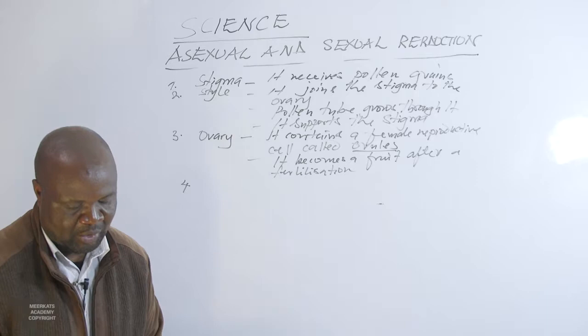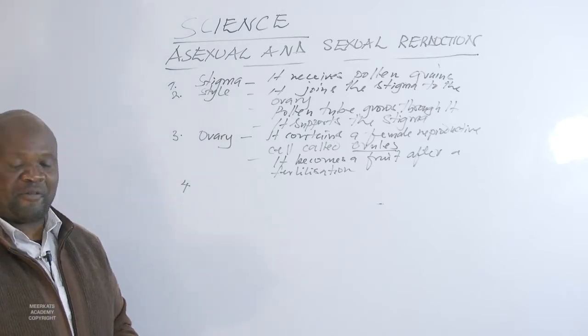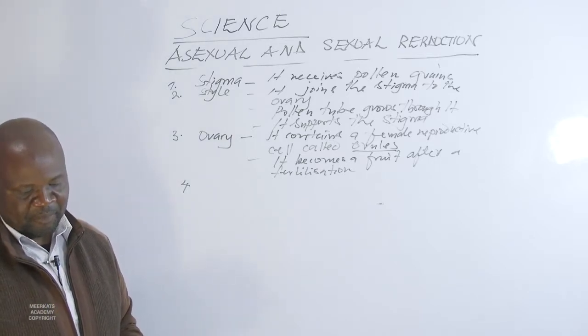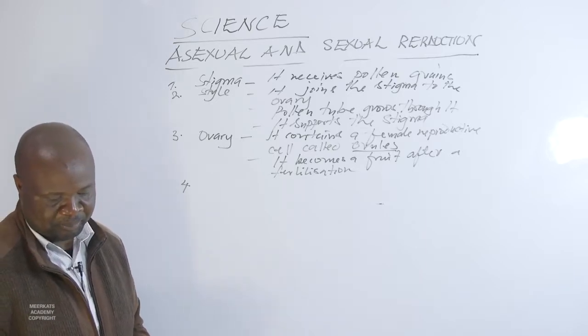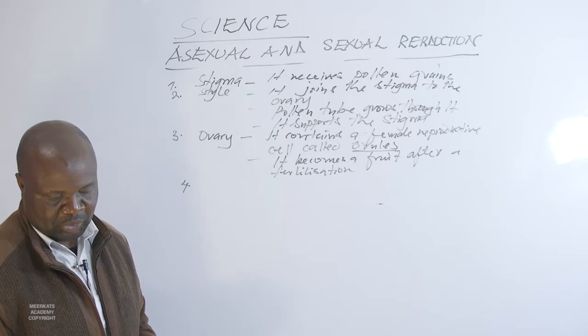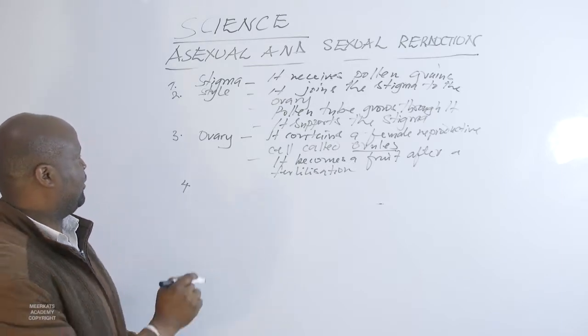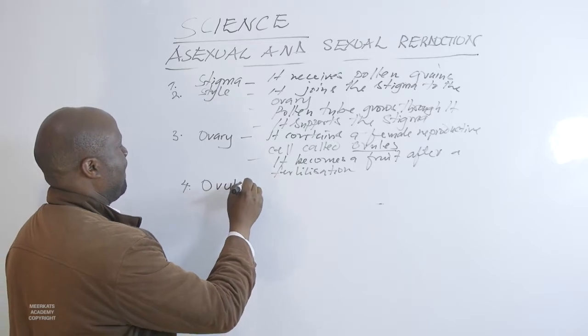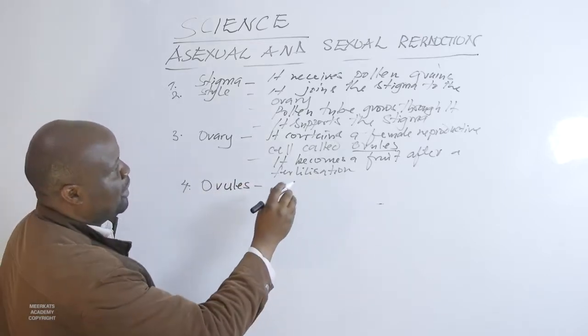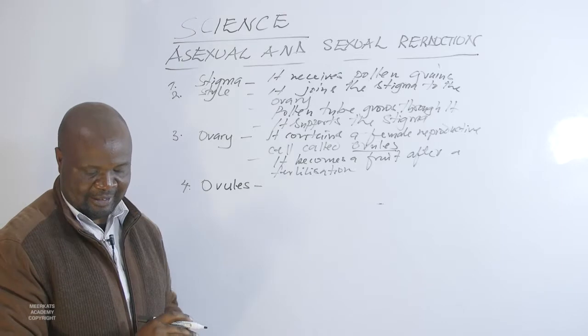Therefore, we can go to the fourth part of a flowering plant, and these are the ovules, that we have just mentioned. What are they?